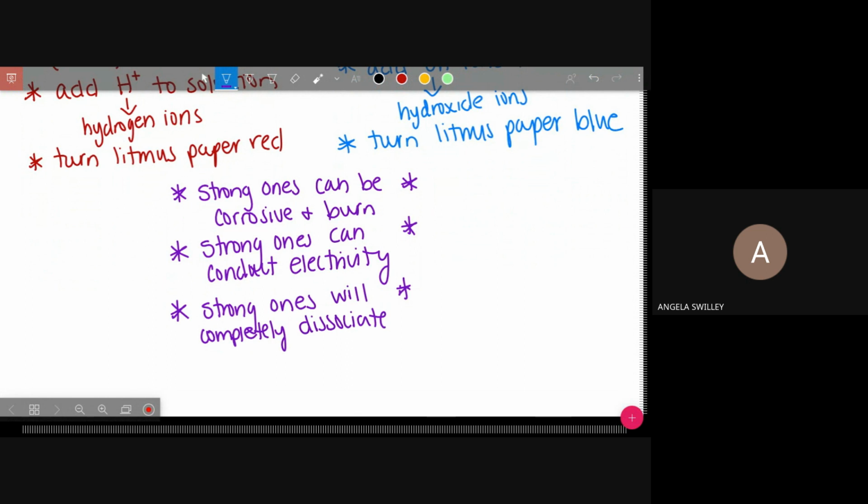It means they've come apart. So strong acids and strong bases will completely dissociate or fall apart in solution. That's why the acids will give hydrogen ions into the solution, and why the bases will give you hydroxide ions, because they split apart when you put them into water and into solution.